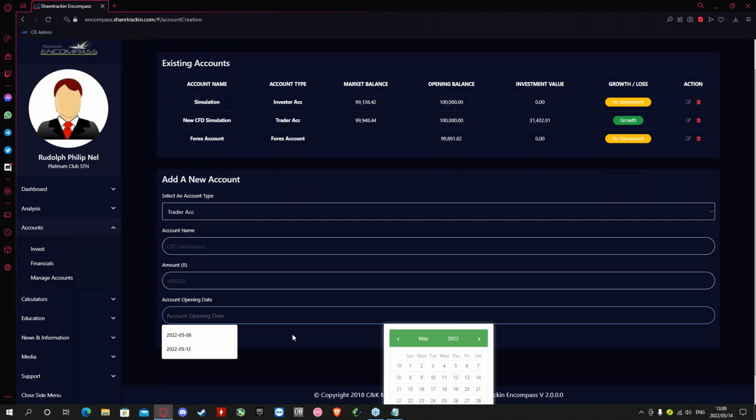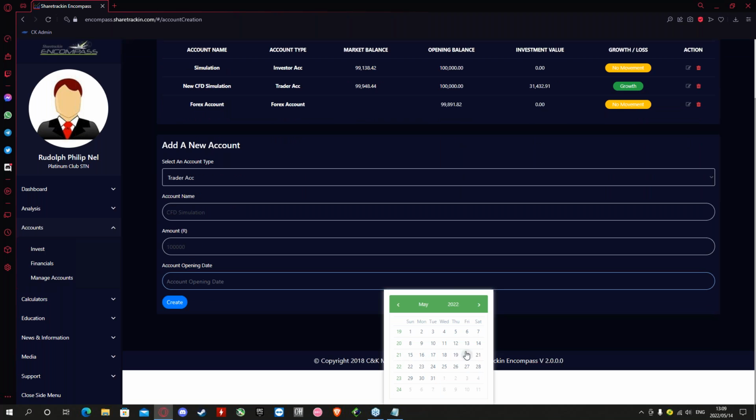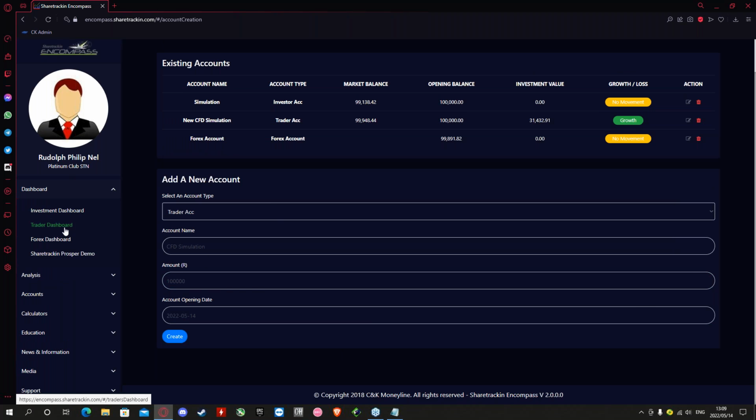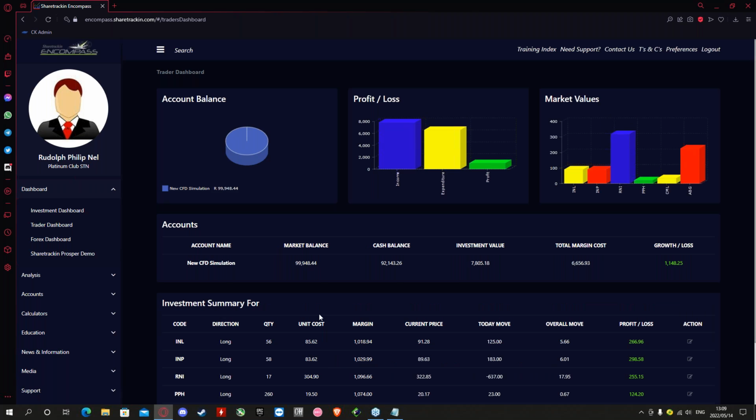Then also select your account opening date, which is, let's say, for instance, today's the 14th. We click on that and then say create, and then we'll create that extra account for you. Then when you go to your trader dashboard, you will have that account. If you don't, it will just keep on turning until eventually it stops turning and shows you that you don't have any accounts. Then you need to go and create that account.